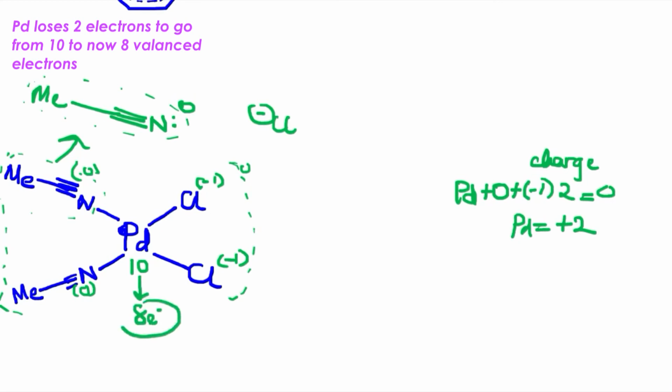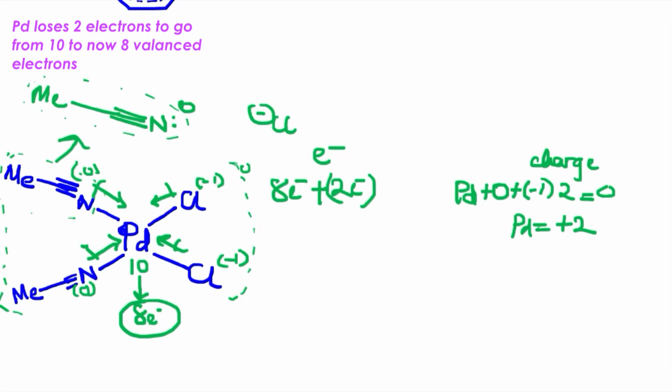Once we know that it has 8, to find the overall electron count, we add 8 coming from palladium plus 2 electrons coming from both the chloride and the cyanide methyl compound, and that results in 2 electrons times how many of them? 1, 2, 3, 4.